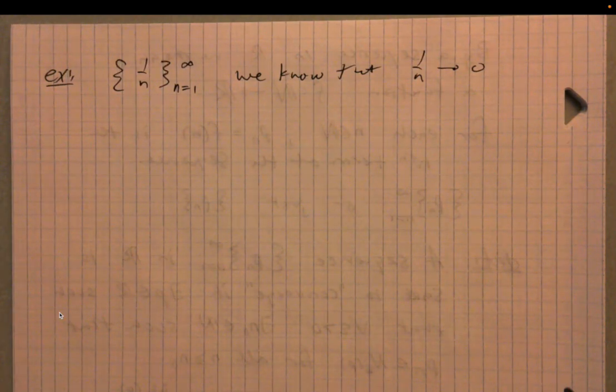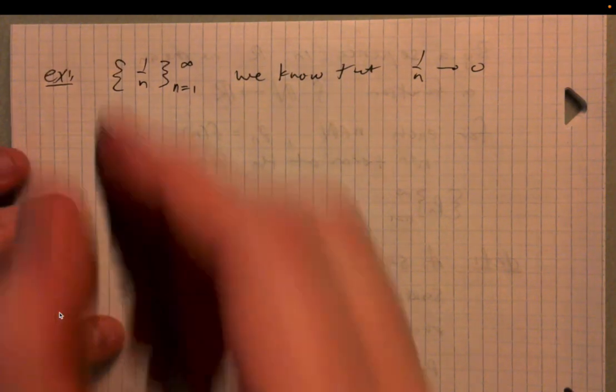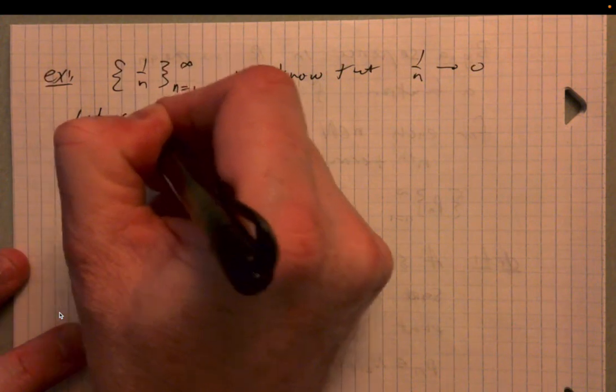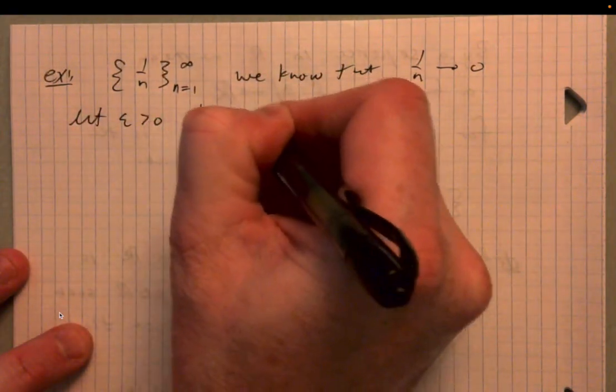Let's try to construct an argument using the definition of convergence. Usually when you're writing a proof like this, you would say, let epsilon greater than 0 be given.